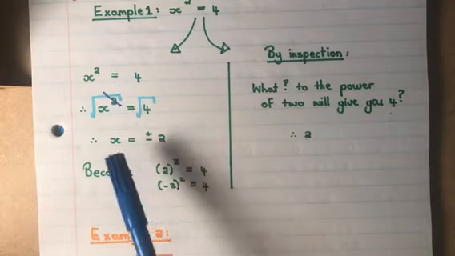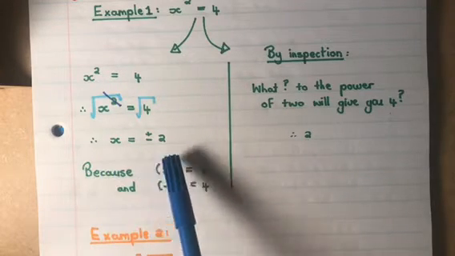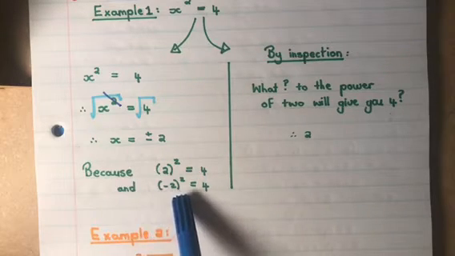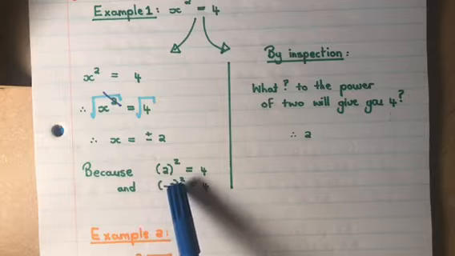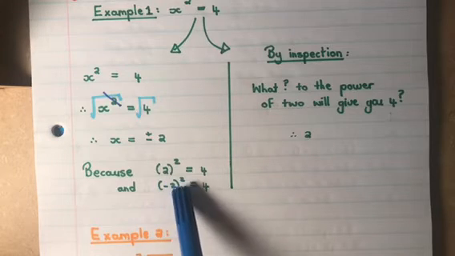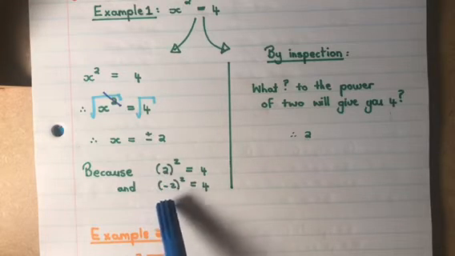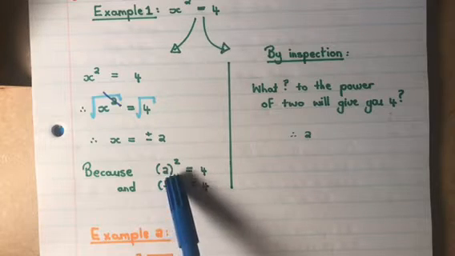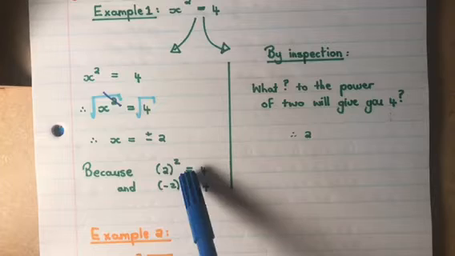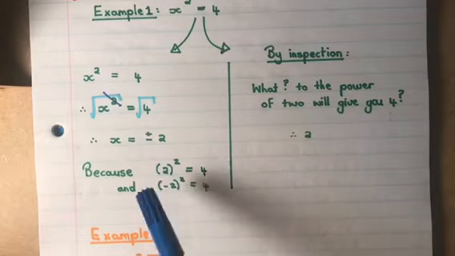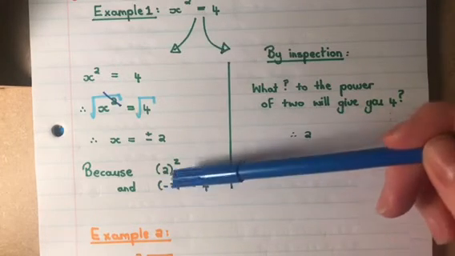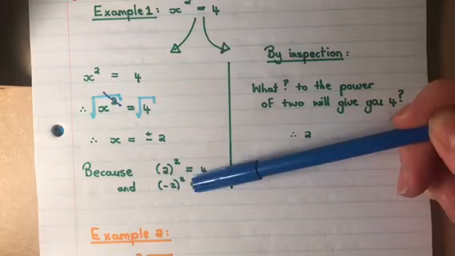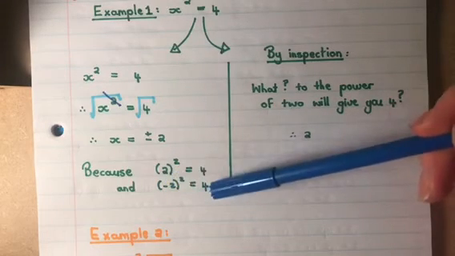Because 2 to the power 2 is 4, but also the whole negative 2. Inside the bracket, you replace the x with a negative 2, and you are raising the whole negative 2 to the power 2. A negative times a negative also gives you a positive, and 2 to the power 2 gives you 4.